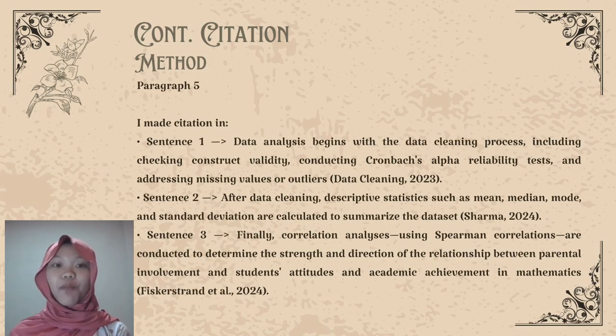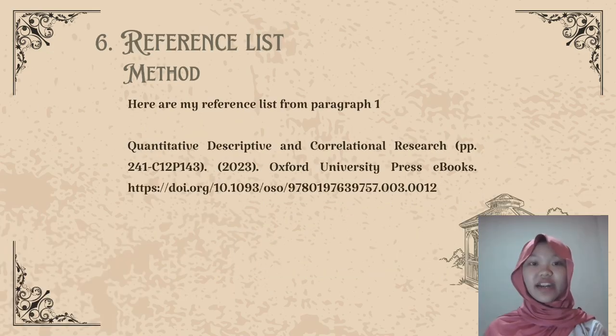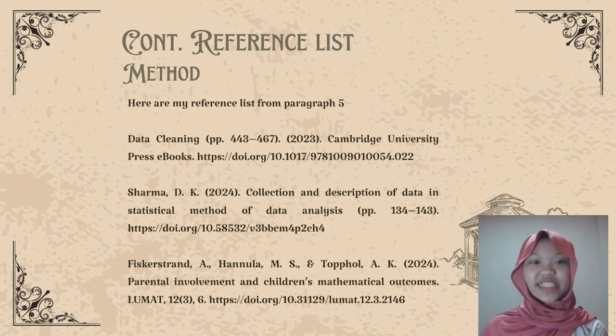I made a citation from Fiskerstrand et al. in the year 2024. 6. Reference list in the method. Here is my reference list from paragraph 1. You guys can see my reference list. Here is my reference list from paragraph 5.